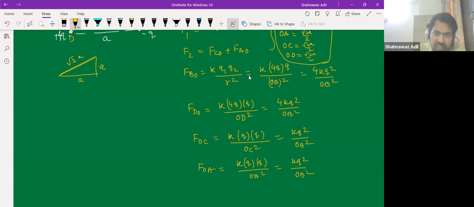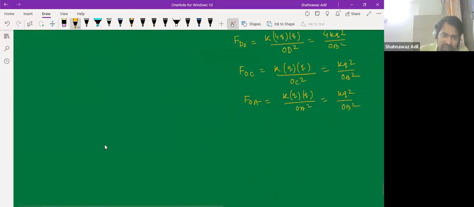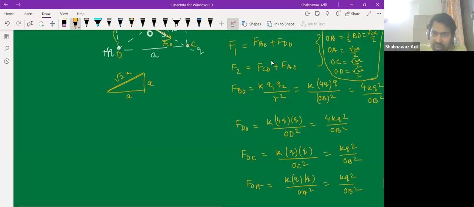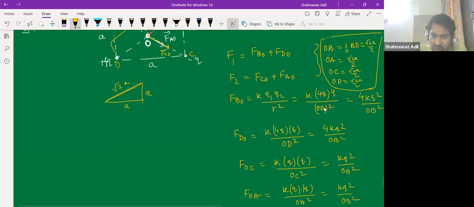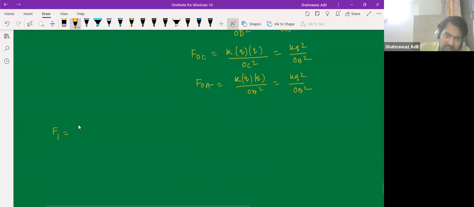Now we see that F1 is in the same direction, so let us calculate F1. F1 would be FBO plus FDO: 4KQ square by OB square plus 4KQ square by OB square, which is 8KQ square by OB square.